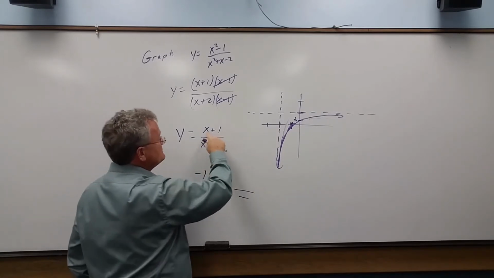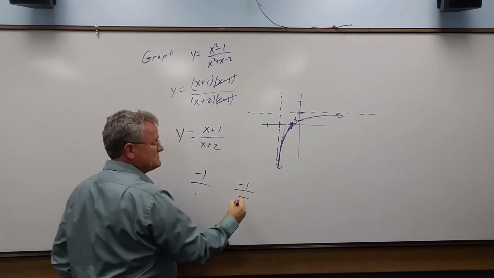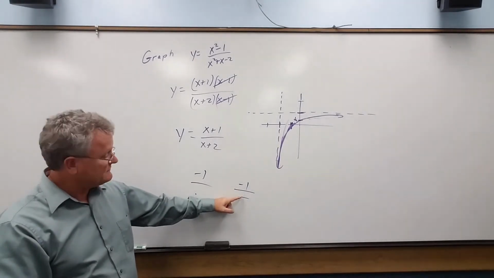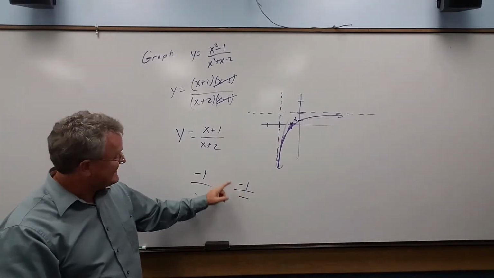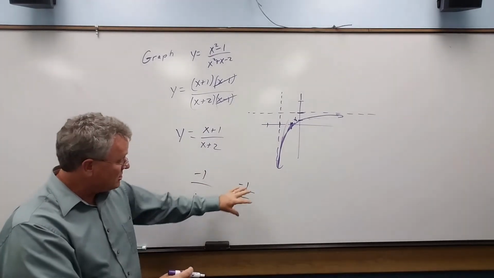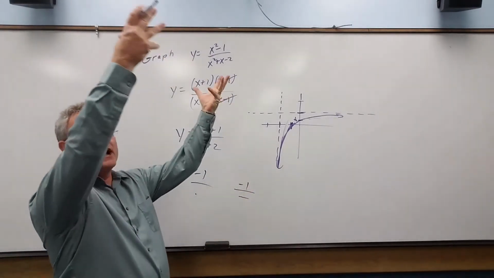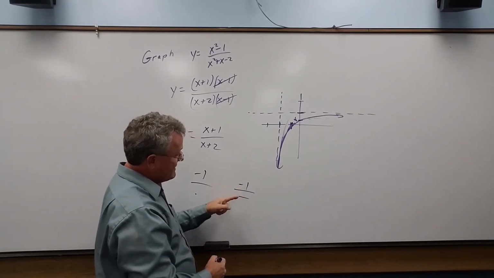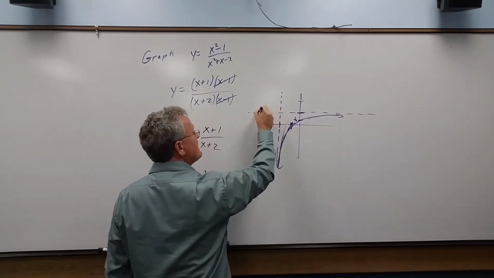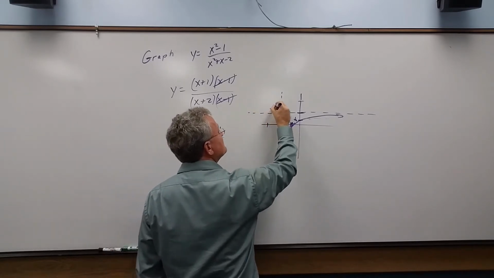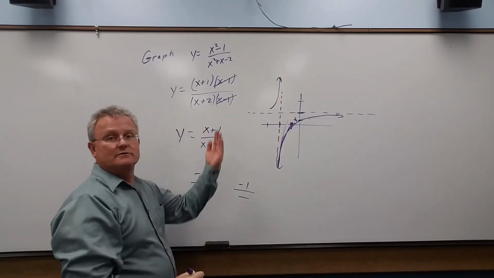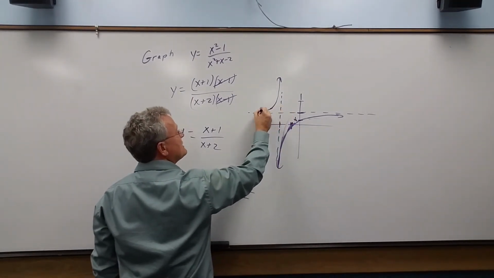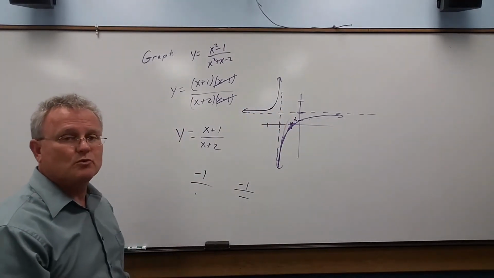The numerator is approaching -2 plus 1, which is -1. A negative over a negative is a positive, and as the denominator gets really small, the overall value of the fraction gets really big. Big, but positive, because a positive over a positive is a positive. So as you approach here, this is going to go up, get really big, positive infinity. And then back to our horizontal asymptote, that's going to approach 1.